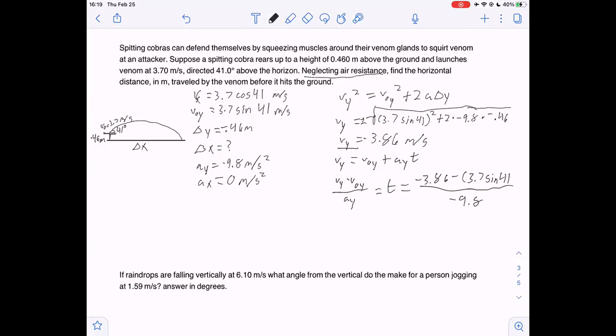Okay, that's what happened there. Because I too got t is equal to 0.642 seconds.